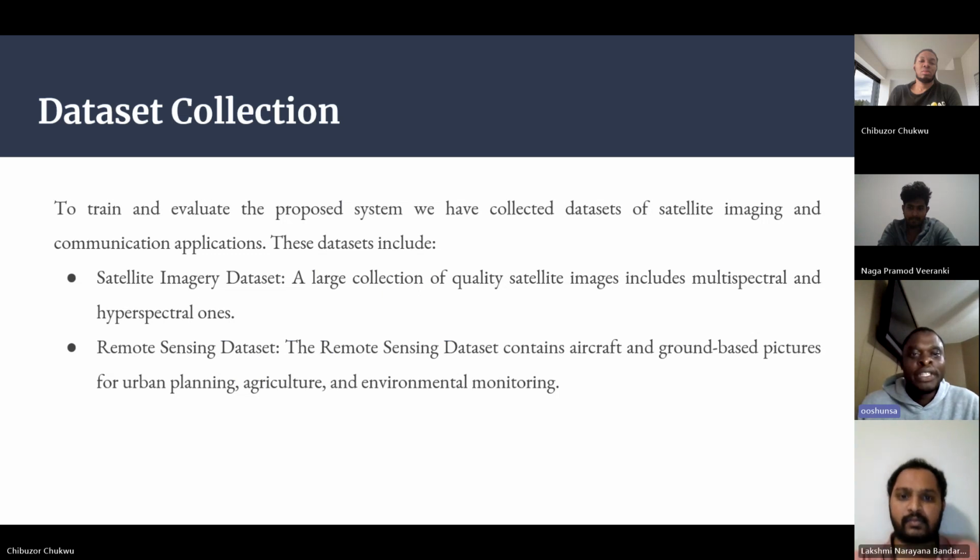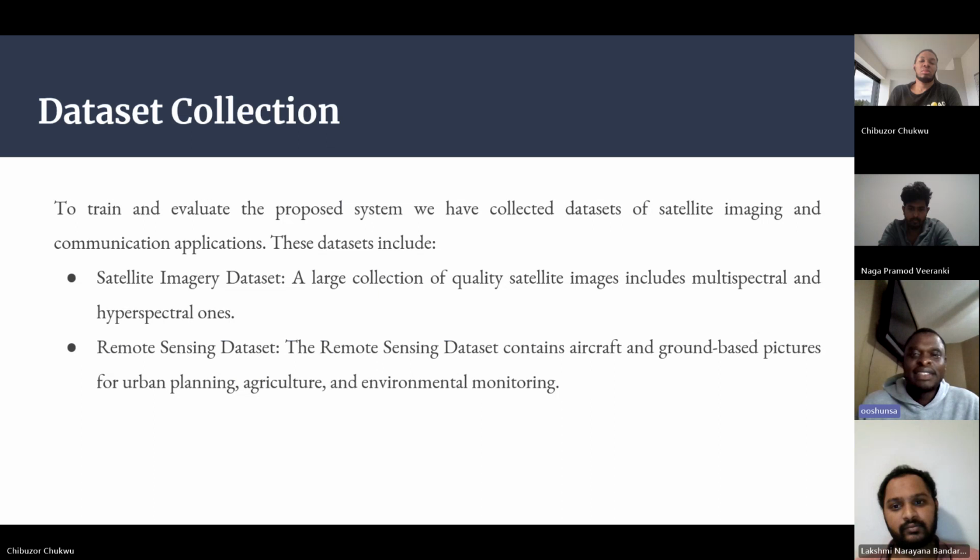I'll be talking about the data collection. Dataset collection involves gathering and compiling various datasets that contain information relevant to the semantic communication objective.